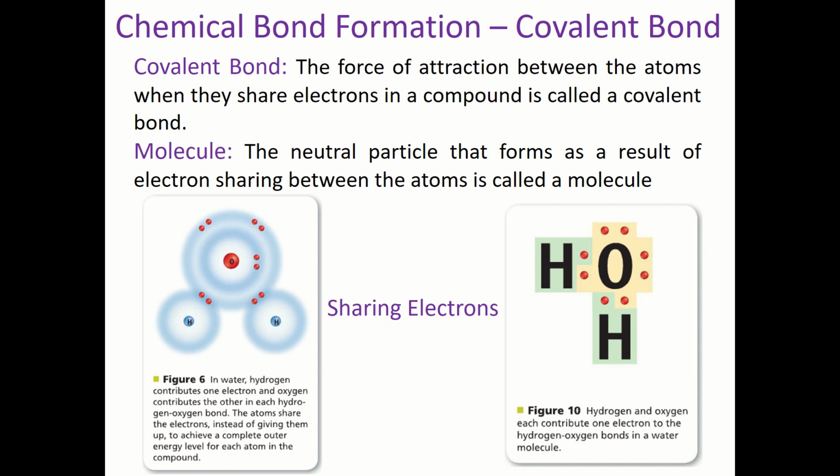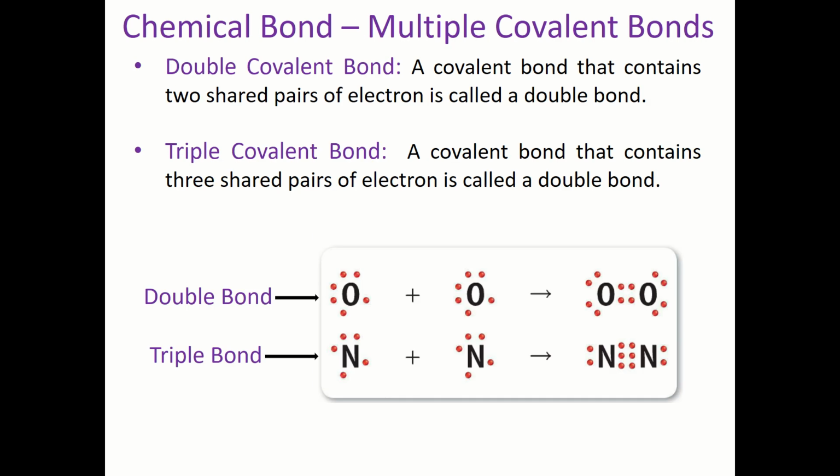Now the covalent bond could be one of three things. It could be either a single covalent bond, or a double covalent bond, or a triple covalent bond. Okay, now what does that mean?